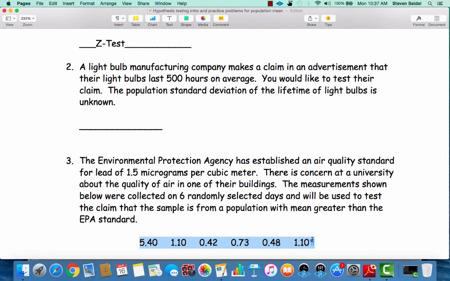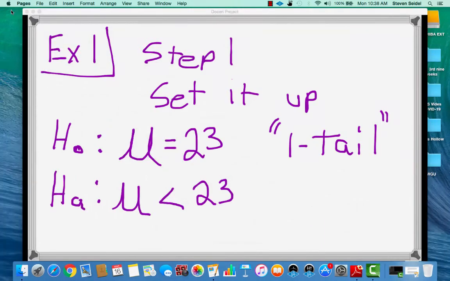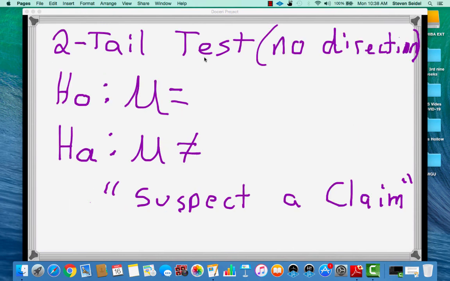So if you will, set up, just like I did for example 1, the null and alternative hypothesis. It should look something similar to this right here. State whether it's a one tail or a two tail. If you go back, that's what a two tail test should look like.